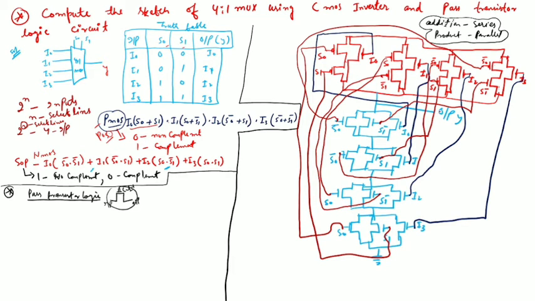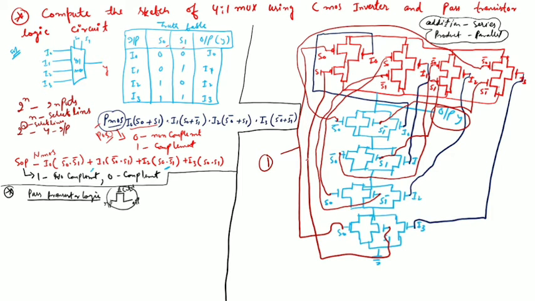So this is the output. We take the output from this. So in this circuit, firstly, this is the first equation, and PMOS and NMOS.